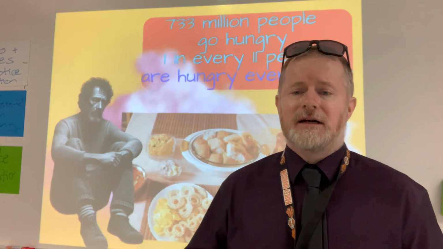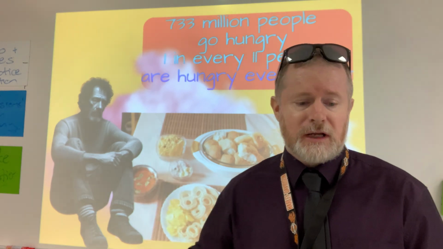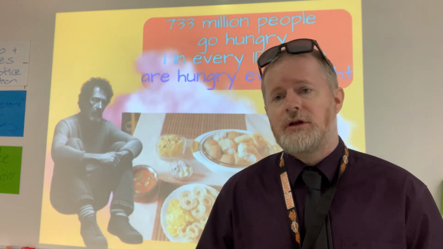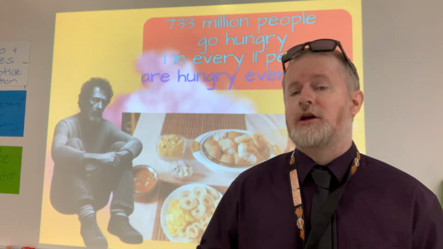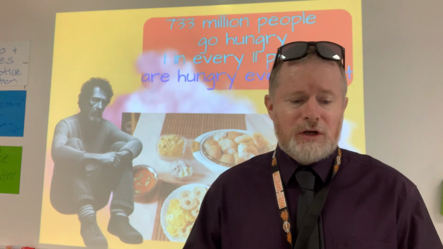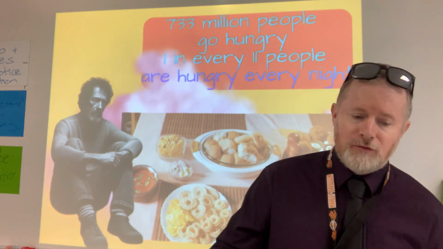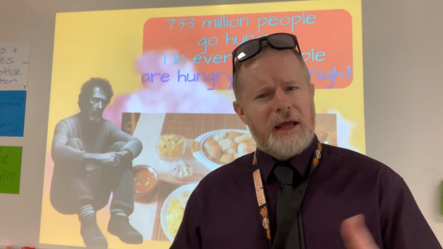What about hunger, starvation? Apparently, according to statistics I've read, 733 million people go hungry. 733 million, which is 1 in every 11 people, and they're hungry every night. Okay, so again, why haven't we solved that?